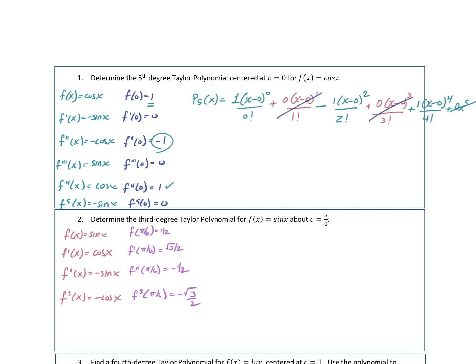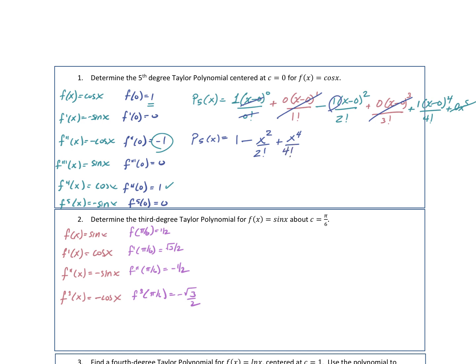It was centered at 0, so I didn't really need to do x minus 0. So I'm going to say P5 of x. The first one's just simply going to be 1. Then it's minus x squared over 2 factorial. You see how the coefficients here are just 1. And then plus x to the 4th over 4 factorial.